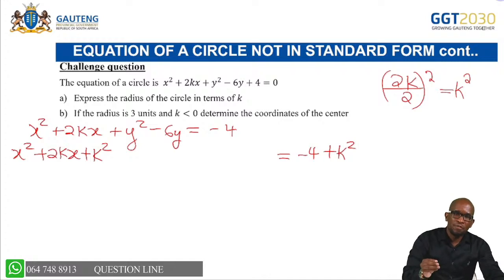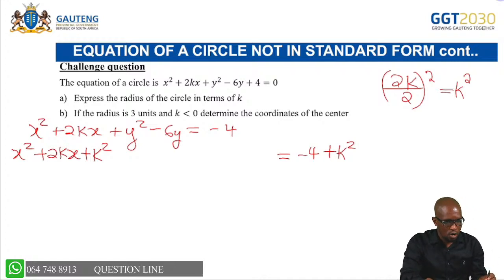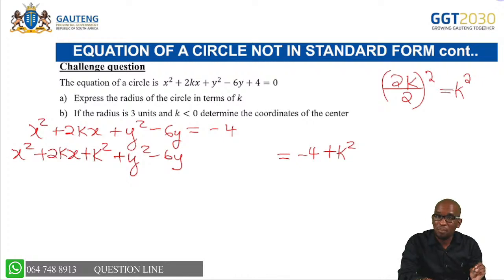Now, we've worked out the factor for the first leading variable x squared, or the first part that is governed by the variable x. Now we move on to the one that is governed by the variable y. In this case, we rewrite this y squared minus 6y. Now the value of b in this case is minus 6.